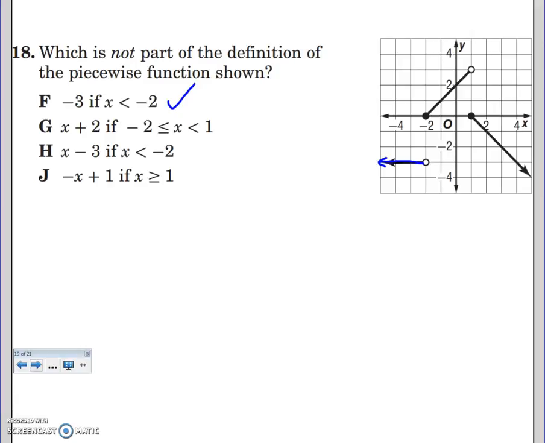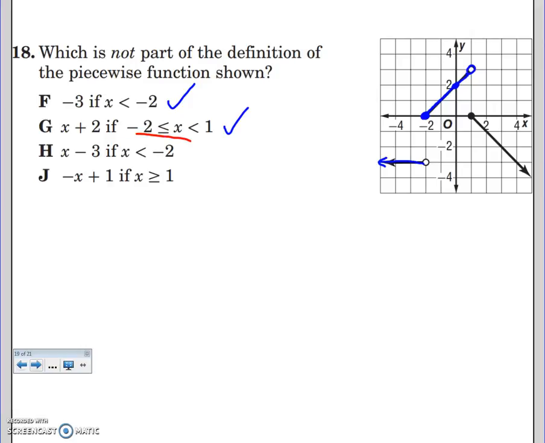If x is between negative 2 and 1. Well, x plus 2 has a y-intercept of 2, slope of 1, and it's closed for negative 2. It's open for positive 1, so that's also good. All right, the next one says x minus 3 if x is less than negative 2. There is no x minus 3.